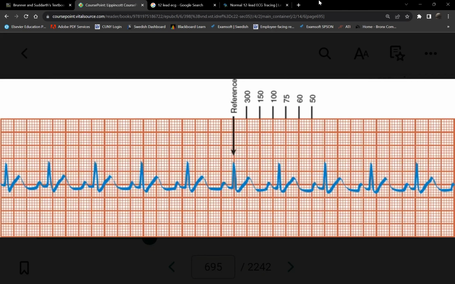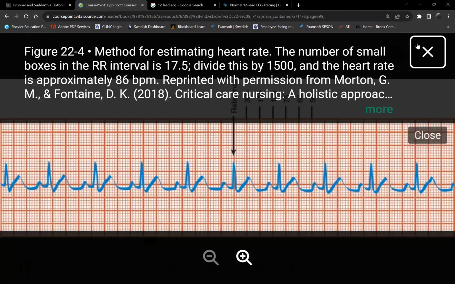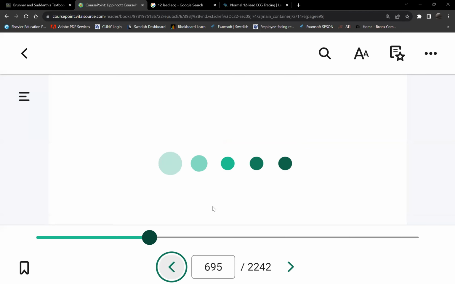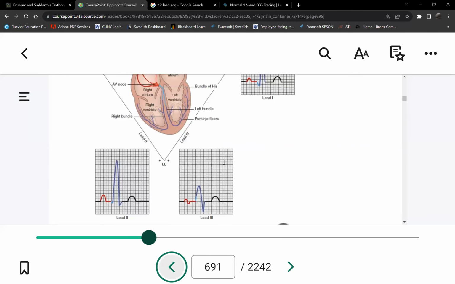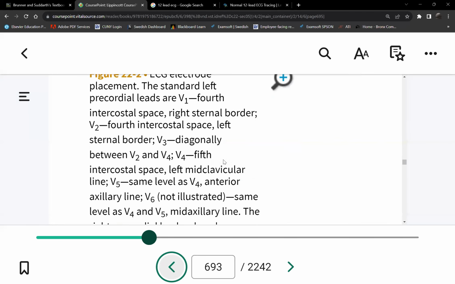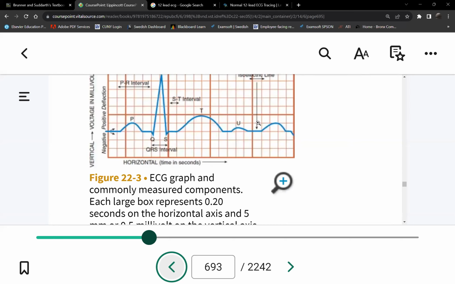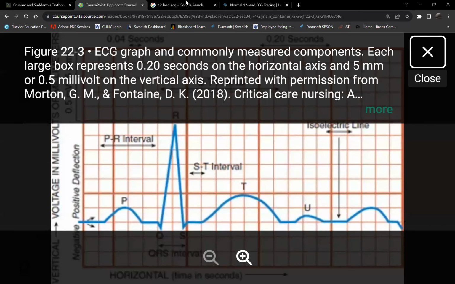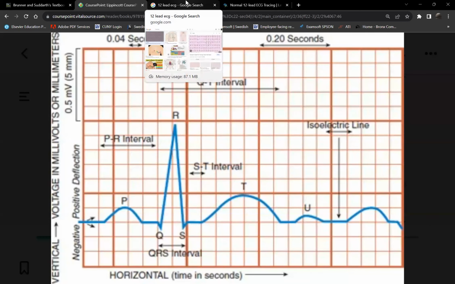All right. So we measure the P wave from here, where it left the isoelectric line, to where it returned to the isoelectric line.